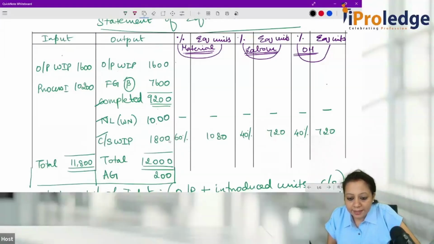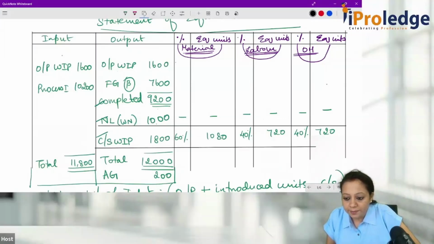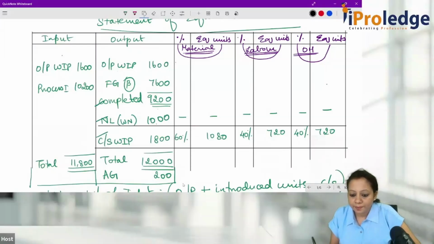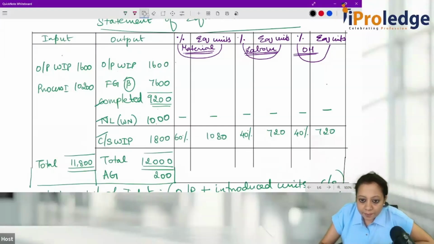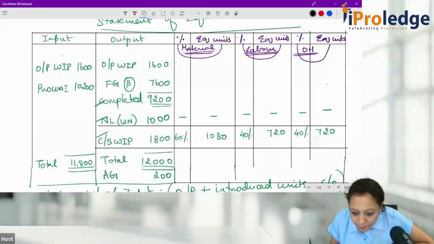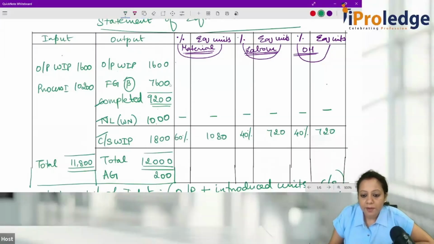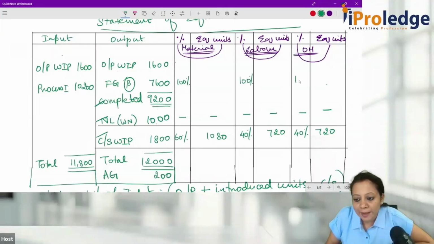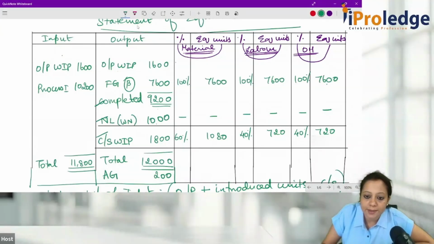Normal loss, we will always take it as nil as far as statement of equivalent units is concerned. Now, finished goods, I should say it is 100%. Obviously, FG will be 100%. So it is going to be 7,600, 7,600 and 7,600.